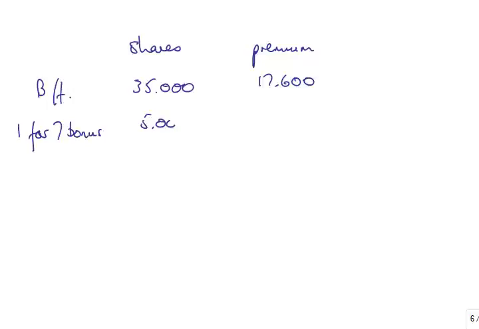It's not coming from the share premium account. Irita has been badly advised. If she had been well advised, it should be coming out of share premium. But there's a general reserve with, say, 16,000 in it. And this 5,000 is being financed by capitalizing the general reserve.